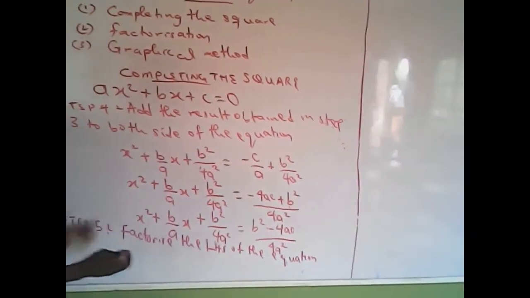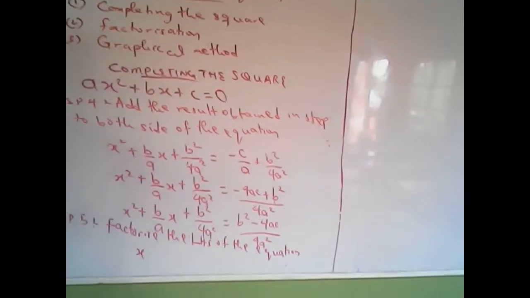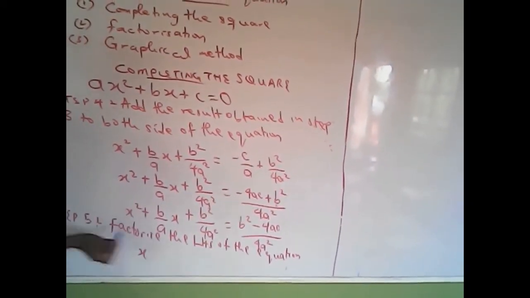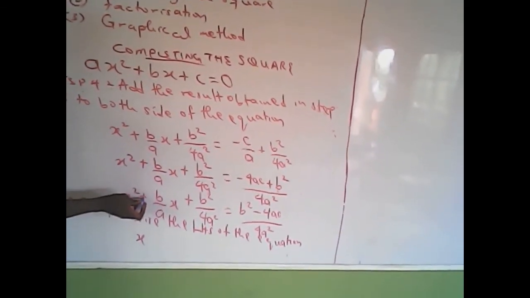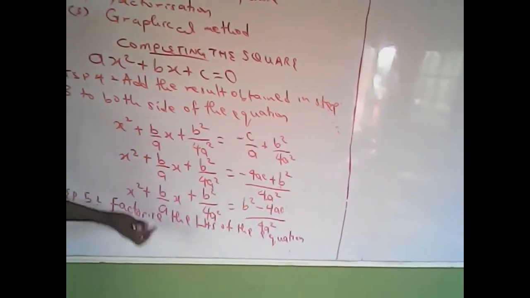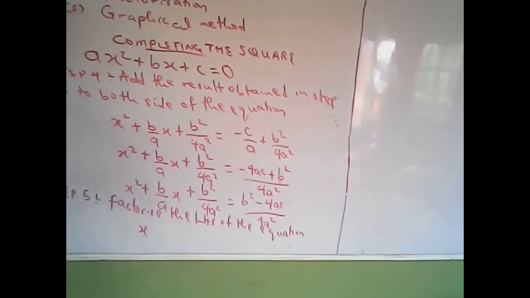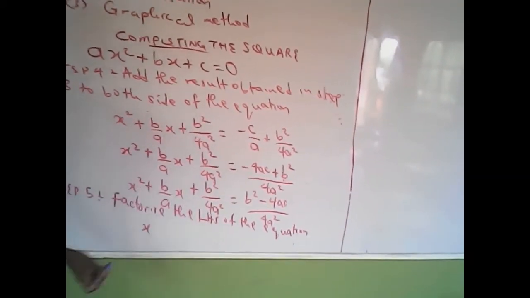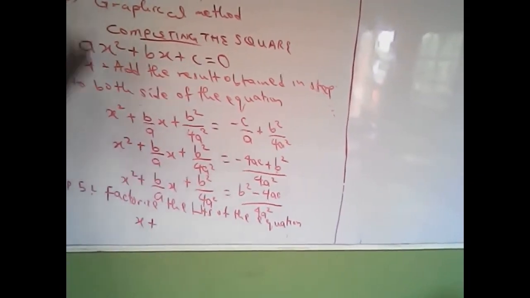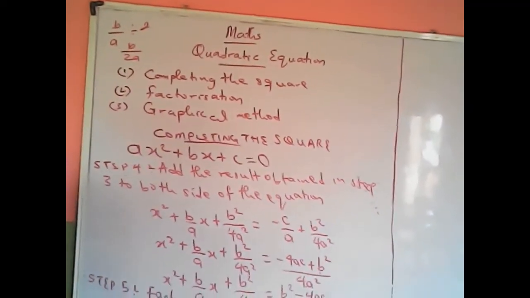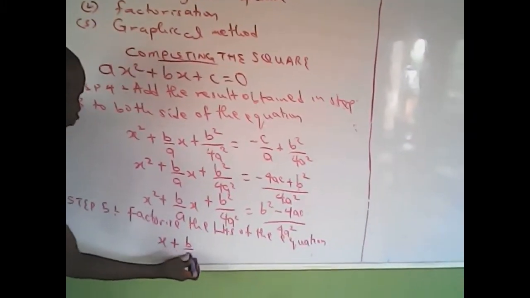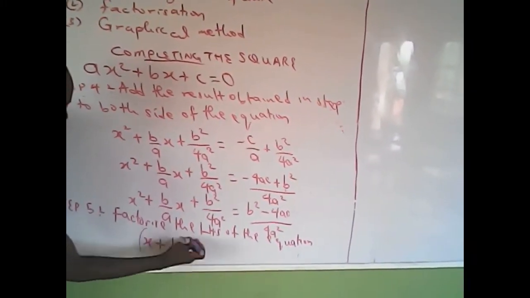Nǹkan tí mo kàn máa ṣe ni pé màá mú x out of this x square. The next sign that follows this place, tó bá yẹ pé minus ni màá kọ minus, tó bá yẹ pé plus ni màá kọ plus, but torí pé plus ló tẹ̀lé bíbá yìí màá kọ plus. Mo obtain kó tó di pé mo square result nígbà tí mo ṣe step 3, màá kọ pé b over 2 màá wá square.